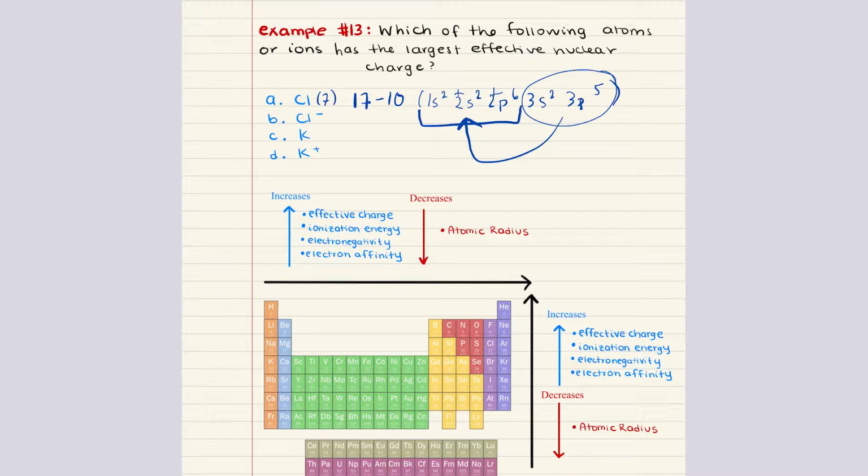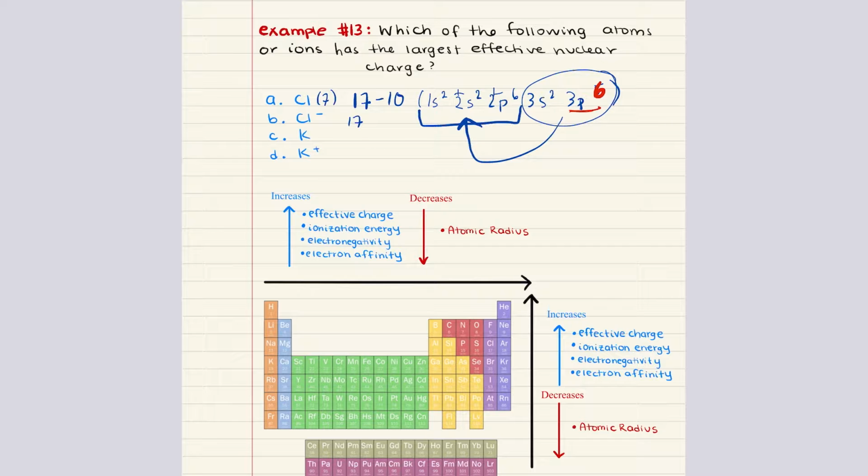So here, the important thing to consider is that there is an extra electron. The atomic number stays the same, 17. And now the electron configuration is not 1s2, 2s2, 2p6, 3s2, 3p5, but instead this 3p5 actually becomes 3p6.